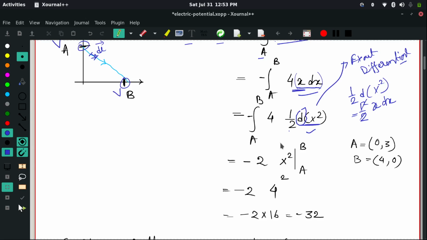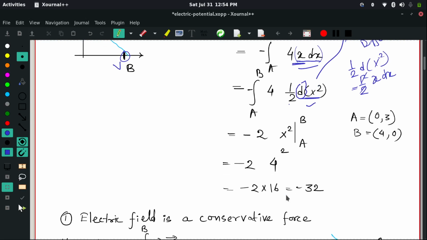That is not what is actually happening, but it is a mnemonic device that will help you remember this fact. Whenever there is integration and there is a d, they collide and cancel each other. Again, this is not mathematically correct, but it works. So this d and this integration cancel, and what we will have here is just x, and we will plug in the values of A and B.